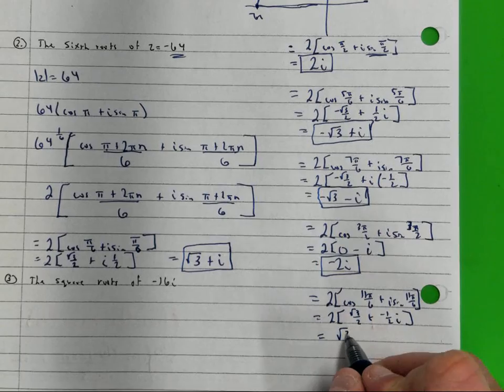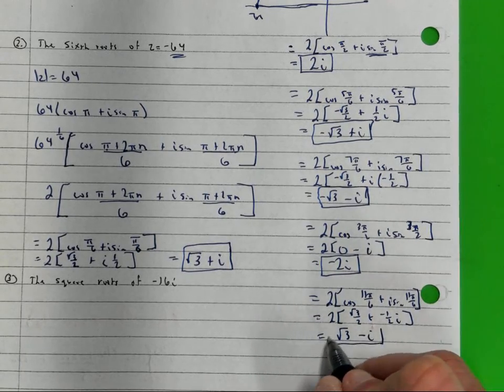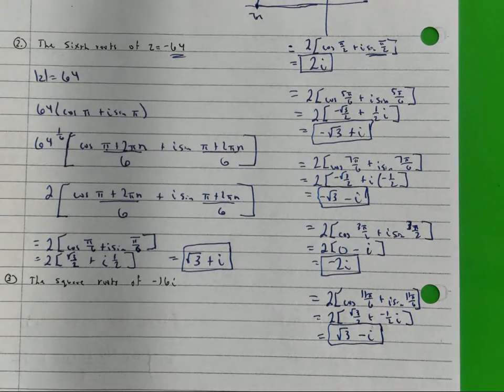So that will give me root 3 minus i. So there are my 6 answers, my 6 roots of the original complex number, negative 64. You thought this better than the other method? Because you just set it up once and then you just plug numbers in.